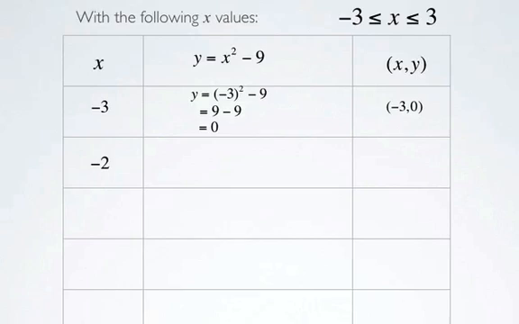X equals negative 2. When x equals negative 2, y equals negative 2 squared minus 9. Negative 2 times negative 2 is positive 4. 4 minus 9 is equal to negative 5. This means that the coordinate for this point is negative 2, negative 5.